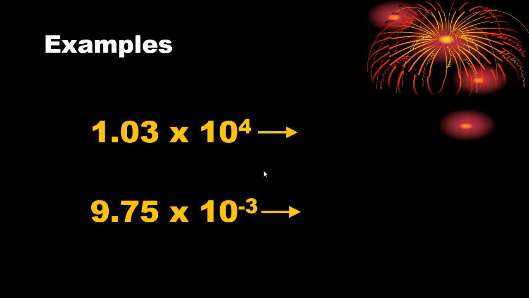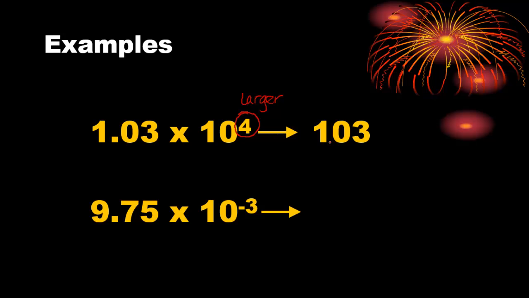So if we look at 1.03 times 10 to the fourth, we write down 103. Our decimal point was here, but we're going to move it 4 places. This is positive, so we're going to make the number larger than 1.03.